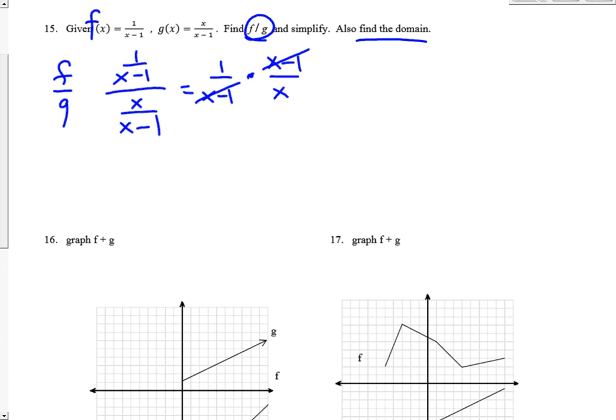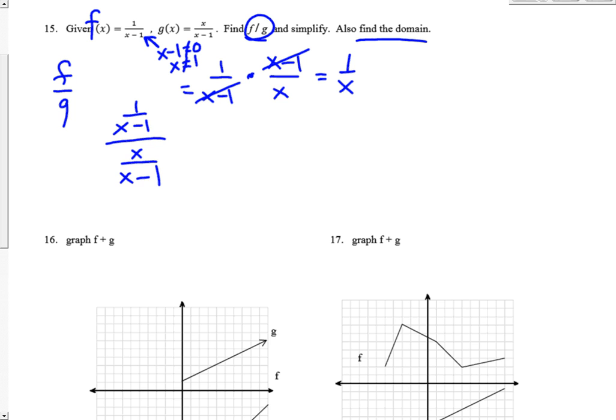And the x minus 1 is on top and on the bottom, so we can cancel that out. And we're left with 1 over x for our final answer. As far as considering the domain, we need to consider the original functions where x minus 1 cannot equal 0, which means x cannot equal 1.